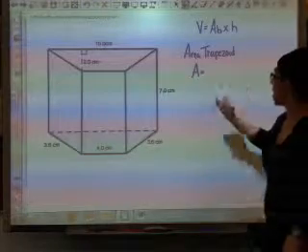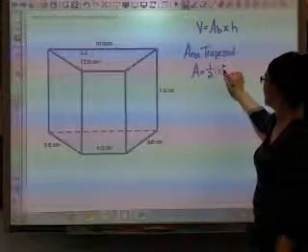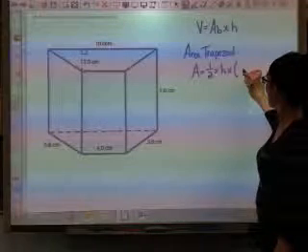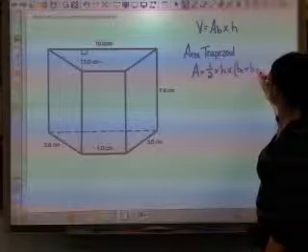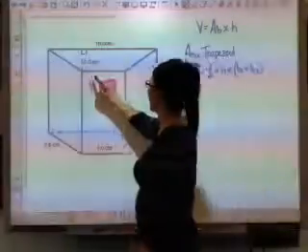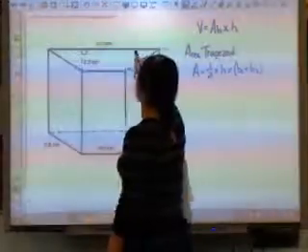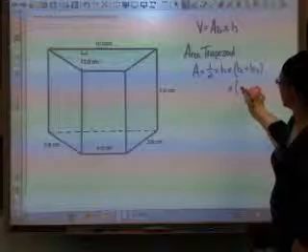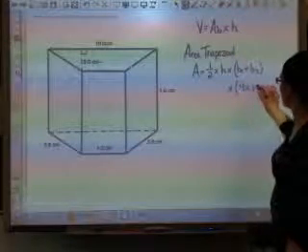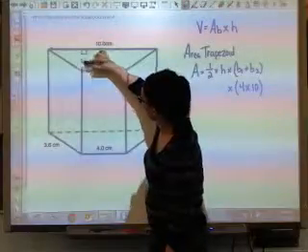What you'll find is the area of a trapezoid is 1/2 times the height times base 1 plus base 2. Base 1 being this measurement, base 2 being this measurement. So base 1 was 4, base 2 was 10. The height is the height of the trapezoid.